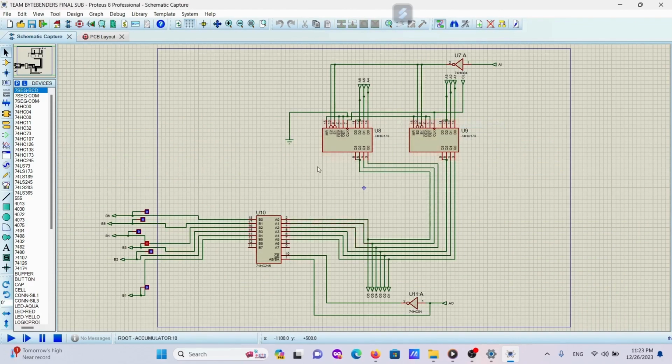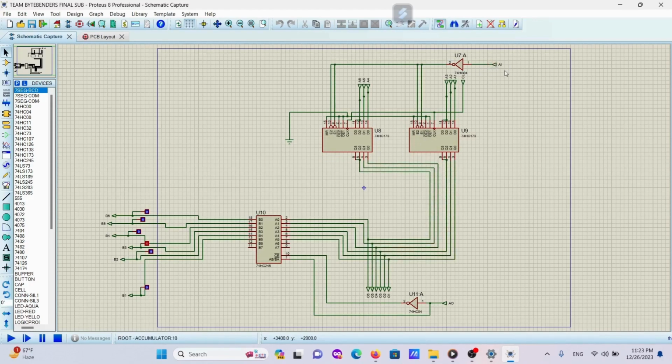To design an accumulator, we use 2 D flip-flop ICs, 74LS173, and a buffer IC, 74LS245, so the data cannot go into the bus until the pin AO is on. Now we have connected 6 data switches. Among them, 3 are connected to one IC and another 3 are connected to the second IC. Then the output is taken from the 2 ICs and connected to the 12 output pins.